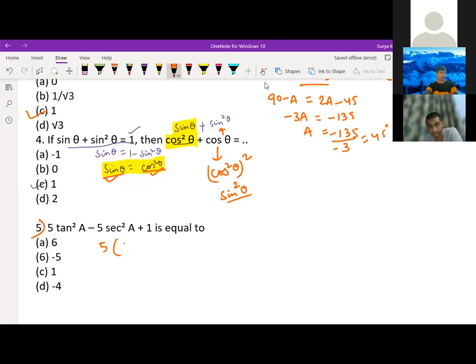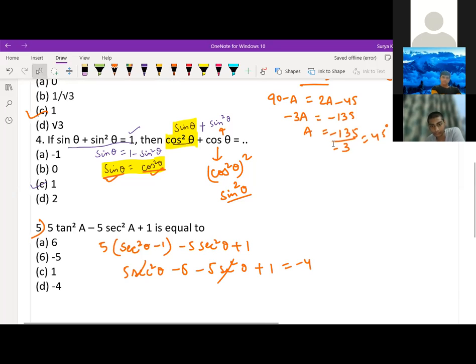So sec square theta minus 1 will come, right? And minus 5 sec square theta plus 1. So 5 sec square theta minus 5 sec square theta plus 1, so this will get cancelled. Answer is minus 4.